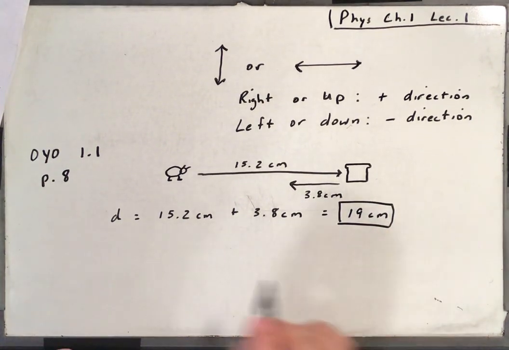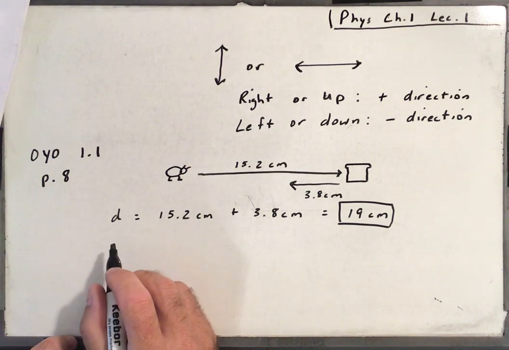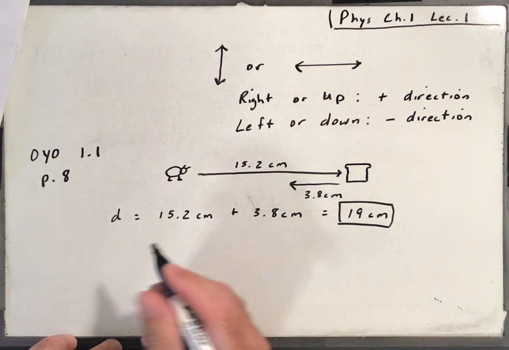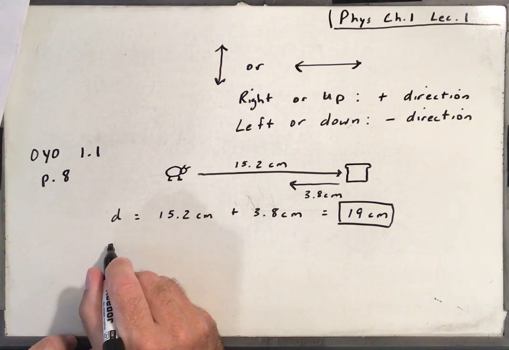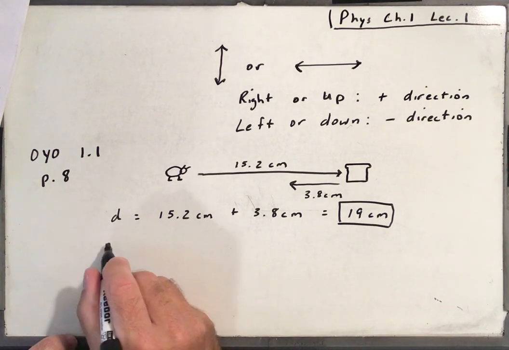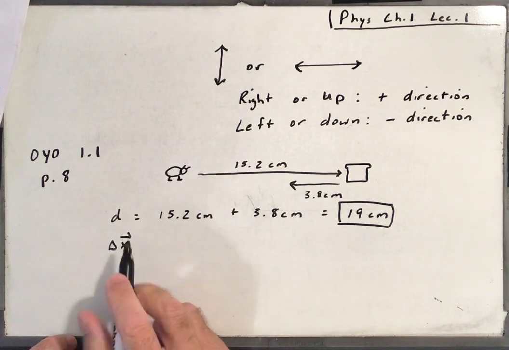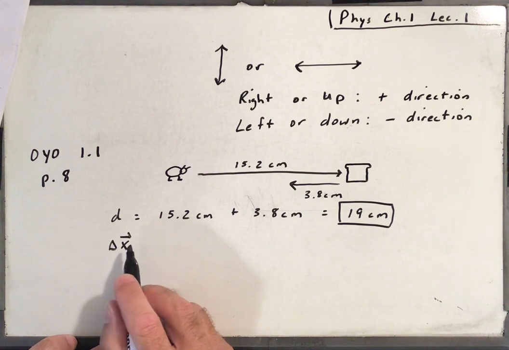But displacement is different. Now, in the book, displacement uses x, okay, and it's bolded. But we can't really bold when we write. So what we're going to do, and in fact, we're going to do delta x because it's change in displacement. We put a little half arrow over it to signify that it is a vector.